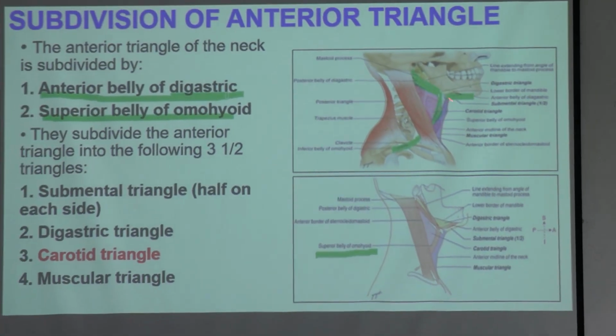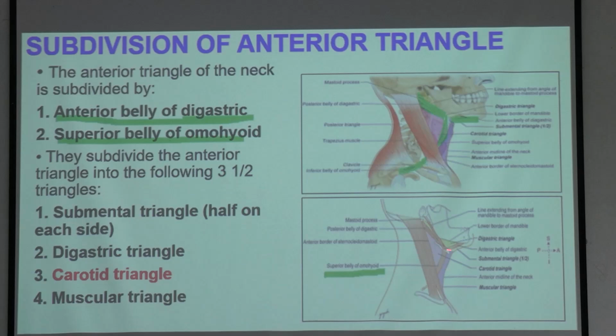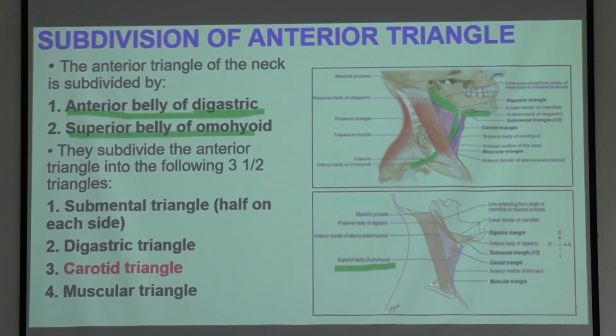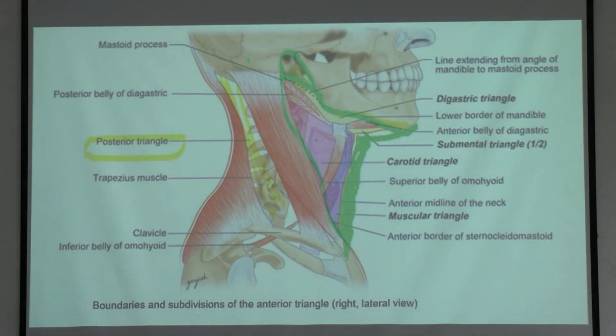We can see this is the digastric muscle, and this is the omohyoid muscle, which originates from the suprascapular notch of the scapula. So, in this figure, this is the omohyoid muscle and this is the digastric muscle.